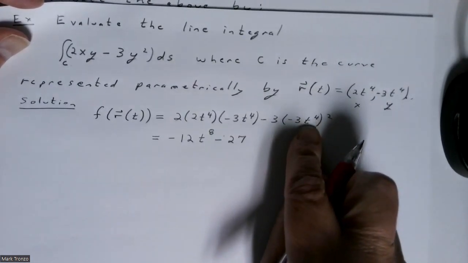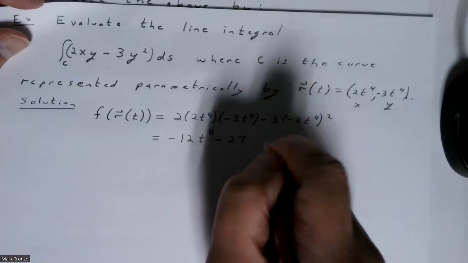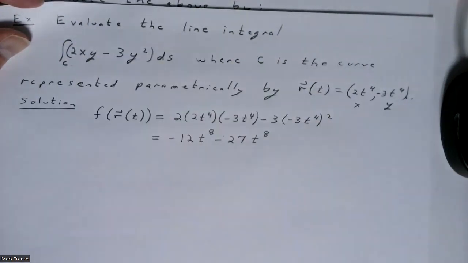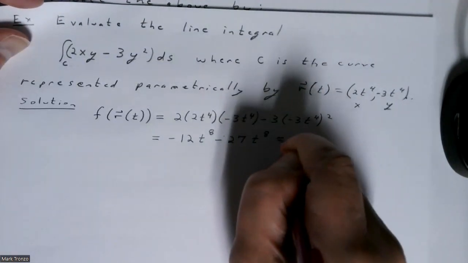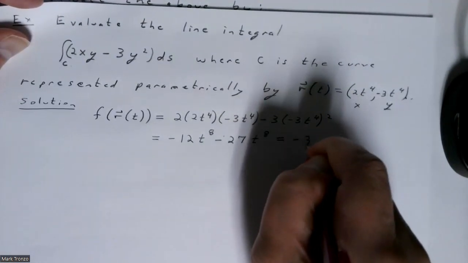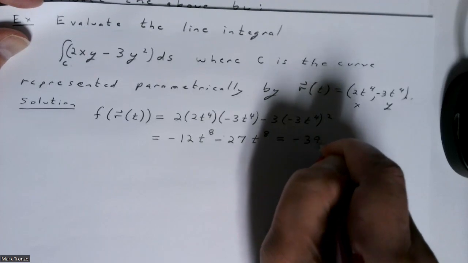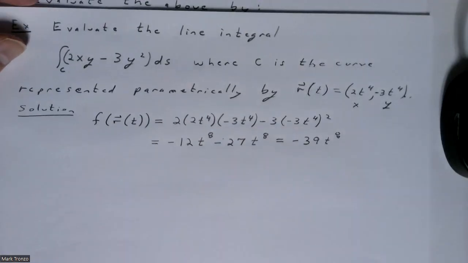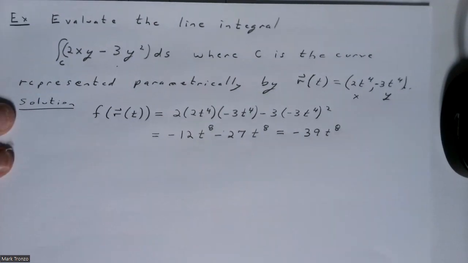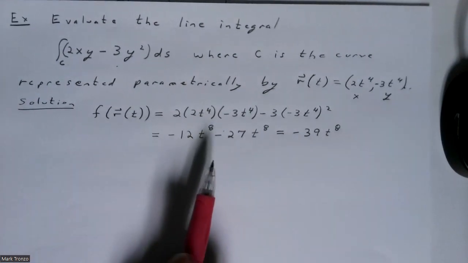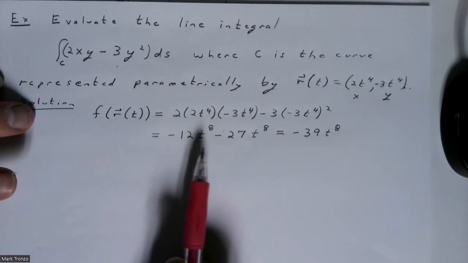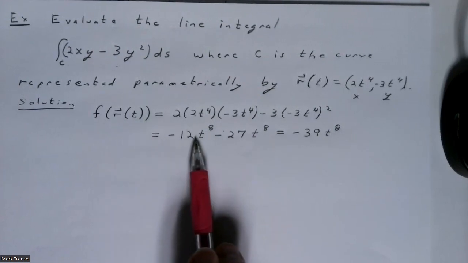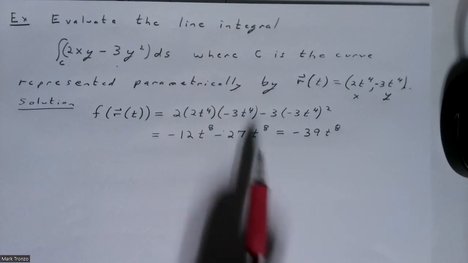And then this is t to the 4th squared, that'll be t to the 8th. And actually, this simplifies really nicely. This is going to be minus 39 t to the 8th. So that gives us our function with r of t substituted in for x and y.